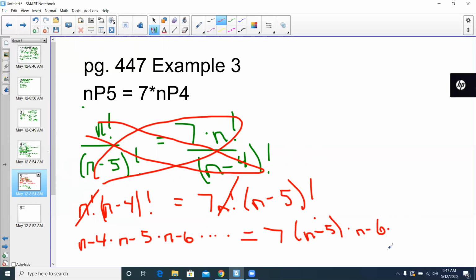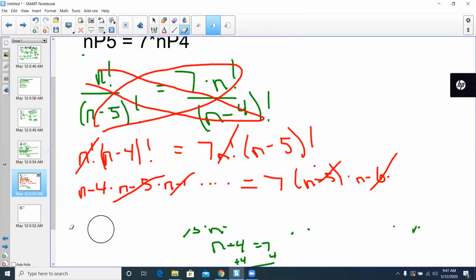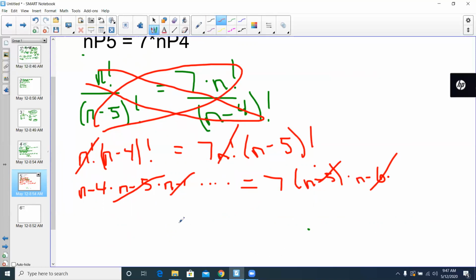So do you see where this and this is matching up? So these cancel, cancel, cancel, right? So now we're left with n minus 4 equals 7.